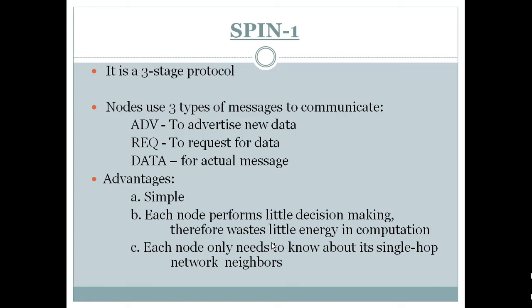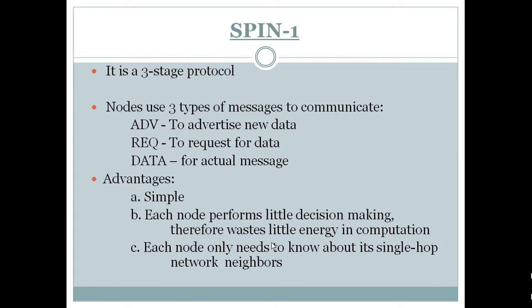After receiving the request message, the source node, which has the data that needs to be sent, sends the data message to the interested node. In this way, the data can be delivered to all the interested nodes in the entire network.